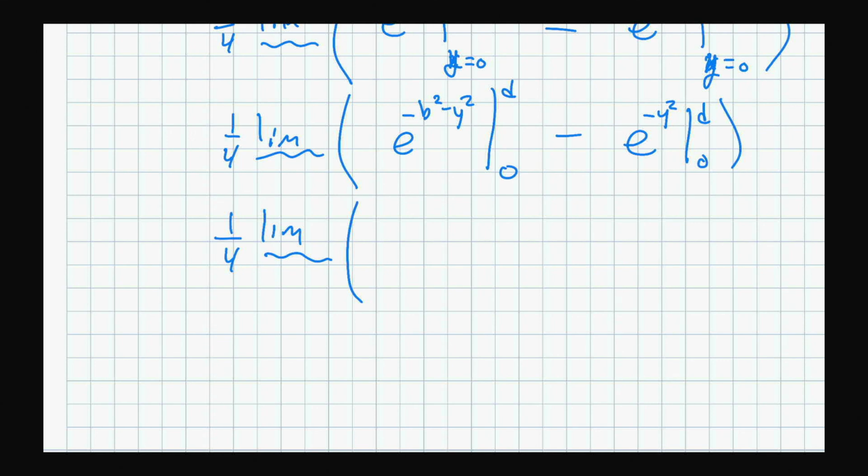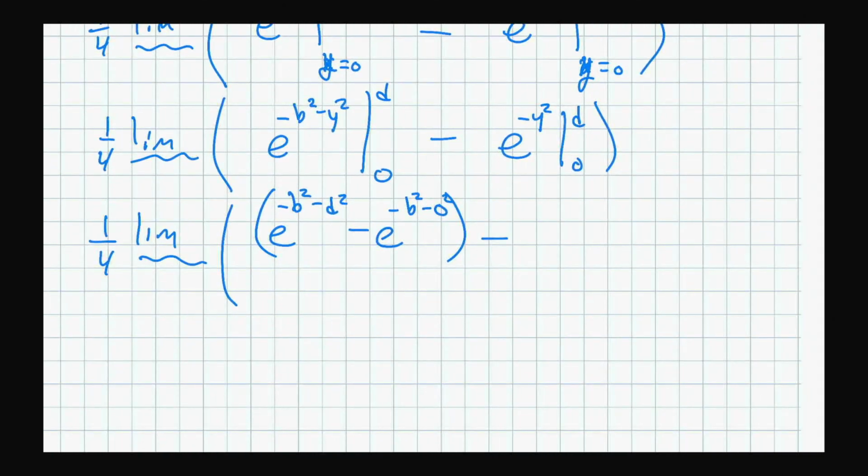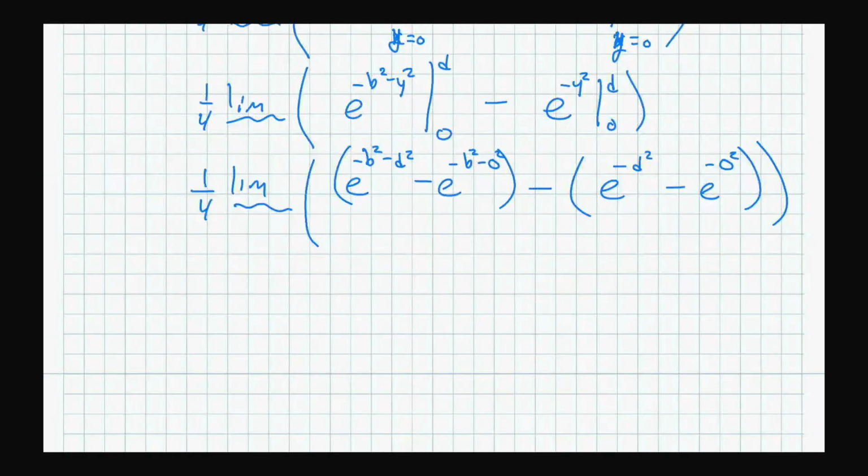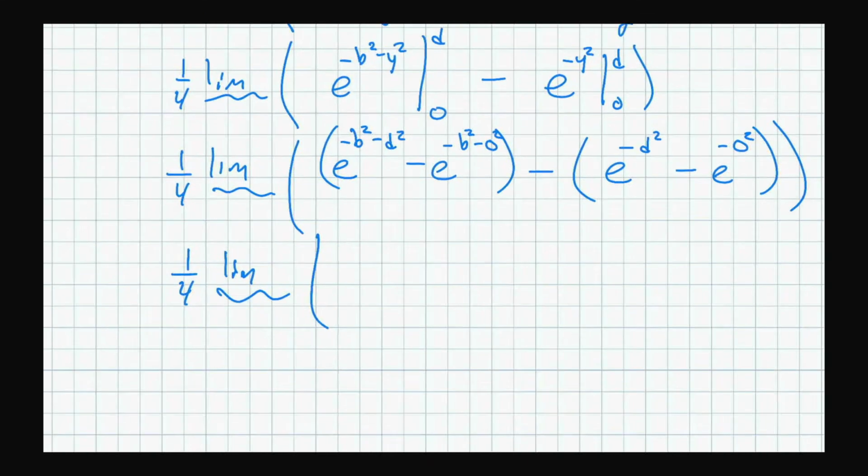So we have e to the negative b squared minus d squared minus e to the negative b squared minus 0 squared for that one. Then here we have minus e to the negative d squared minus e to the negative 0 squared. Again, I'm not doing the limit yet, so let's work this out a little bit.